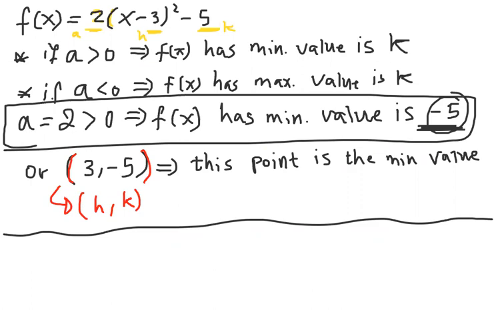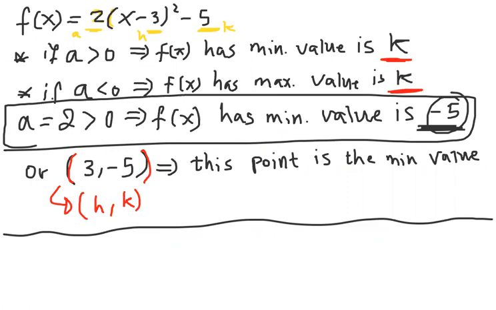Yeah, both of them are equal to k, but what chooses whether k is the minimum or the maximum is a. If a is positive, then k is the minimum. If a is negative, then k is the maximum. Both of them are k, not h.